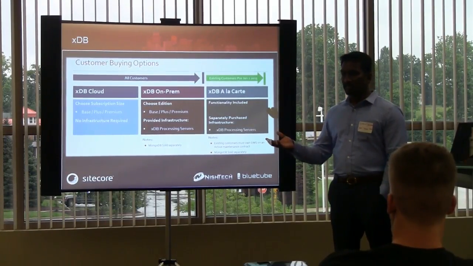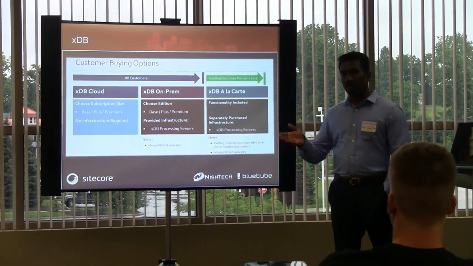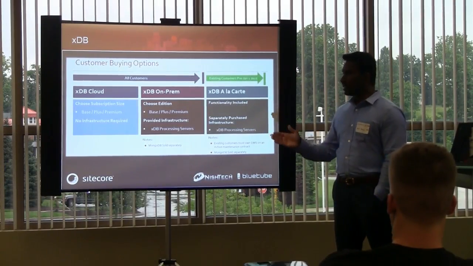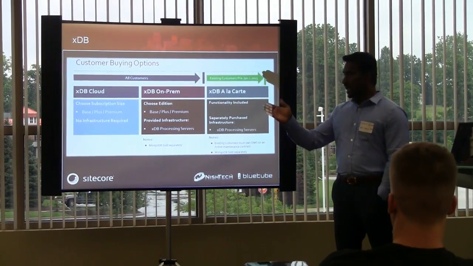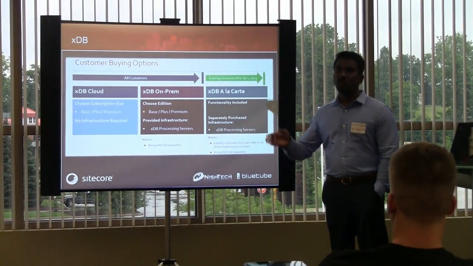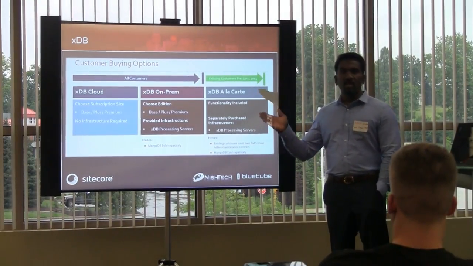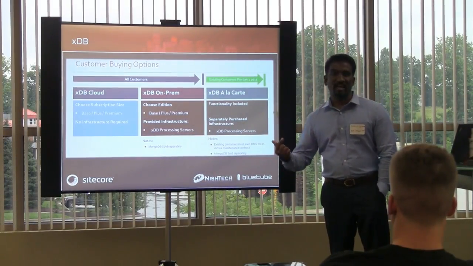The client doesn't need to have experience with Mongo or anything, but based on their visitors, you have three different options, called Base plus Premium, which has 2,500 contacts, or 25,000, or 25 million contacts. A contact is each individual visitor coming to your site.